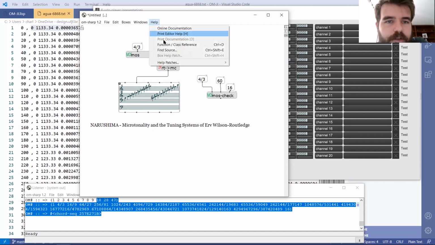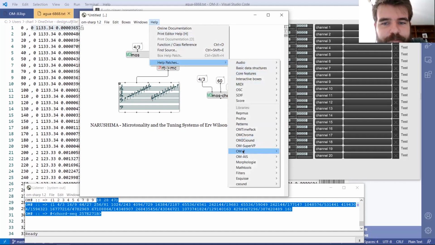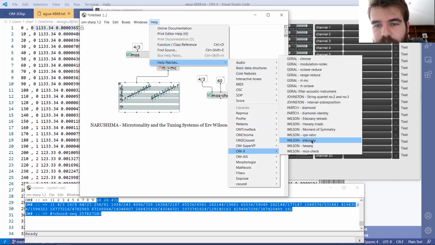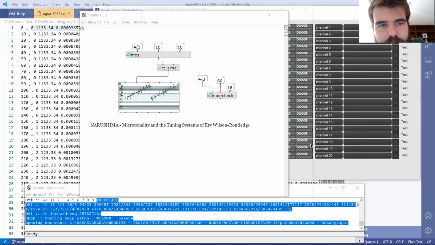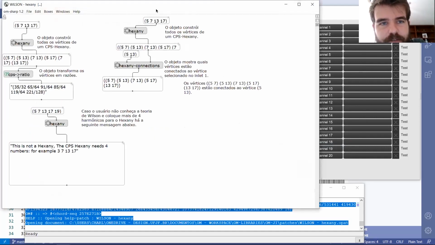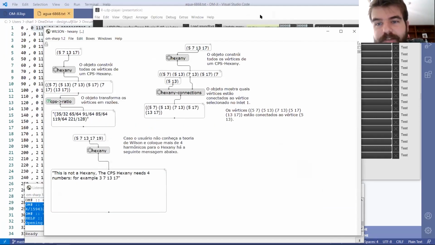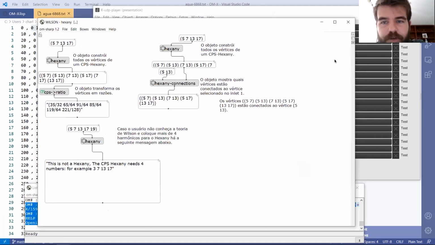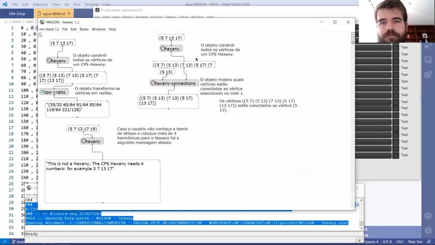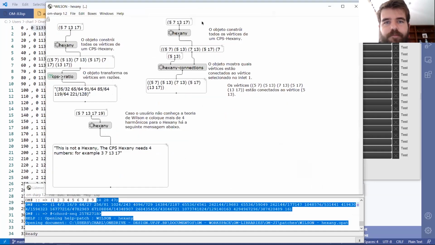Okay, so now we can see this combinations product set theory. It's not very easy to explain this theory. Yeah, I was having a look at these and trying to understand what was happening, and I think I needed to read a little bit about Wilson's theory to understand what's going on.